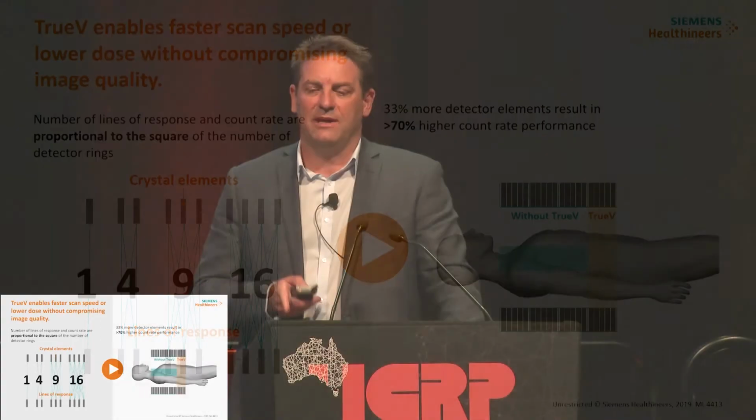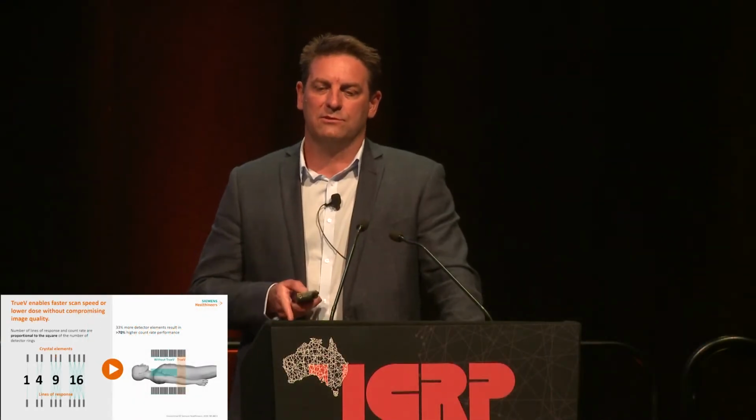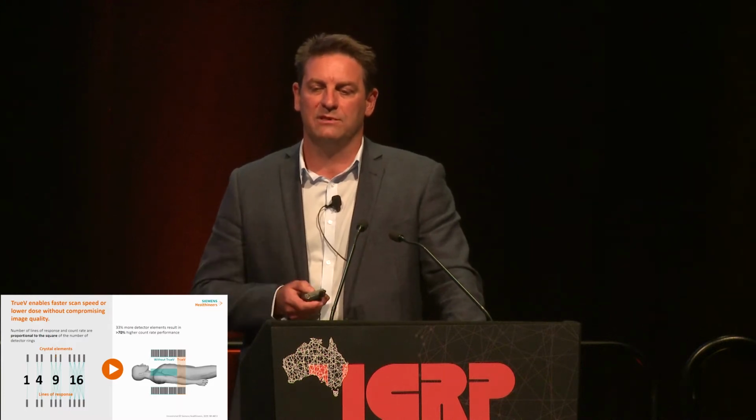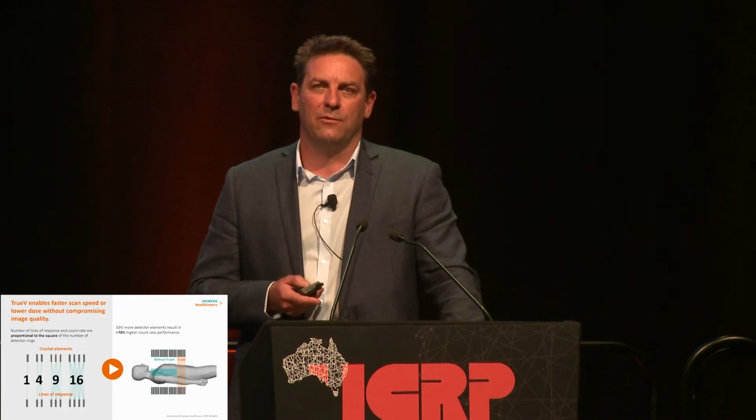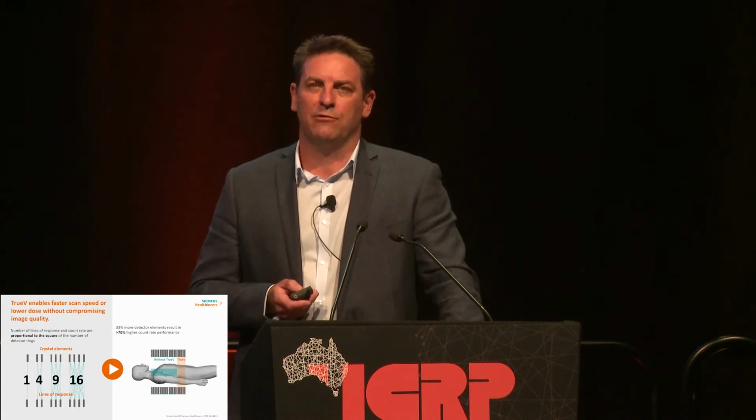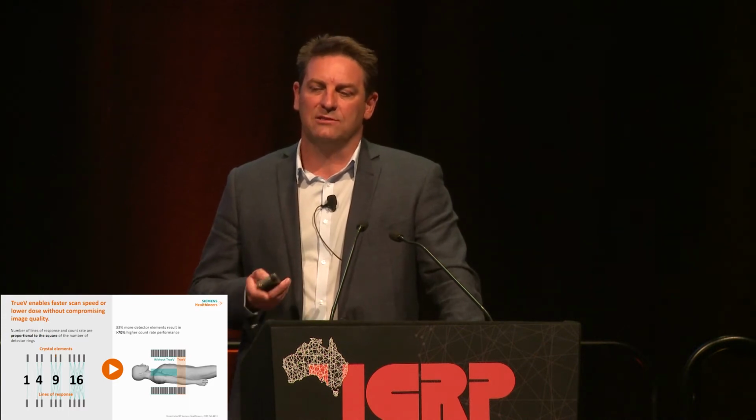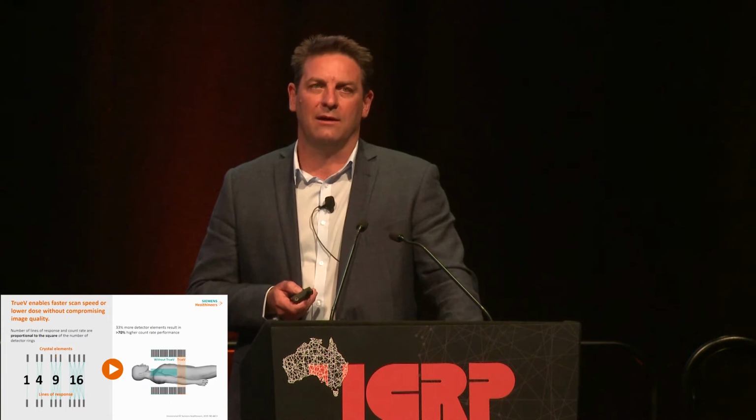With the example on the left hand, a single row of crystals, you'll see that there is only one line of response available. As you increase the number of crystals, the count rate increases proportional to the square of the number of detector rings. So a 30% increase in the number of detector elements actually leads to a more than 70% increase in count rate performance, so much higher sensitivity.